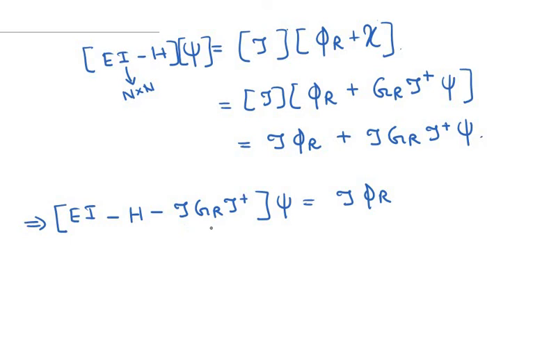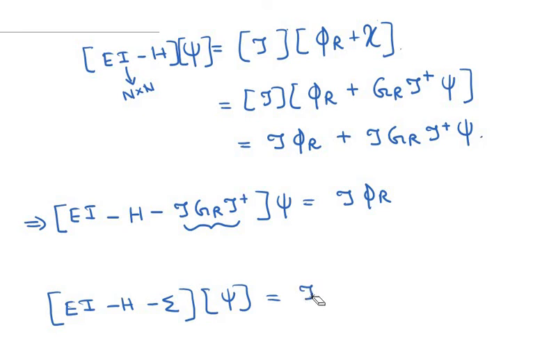So we get an equation of the form [EI minus H minus sigma] psi equals to S. So for the channel, this is our source term S over here, and again these two are matrices, so it should be put in third brackets.